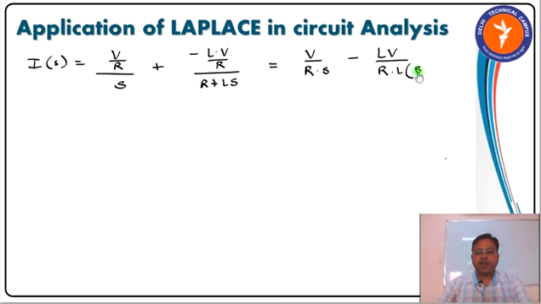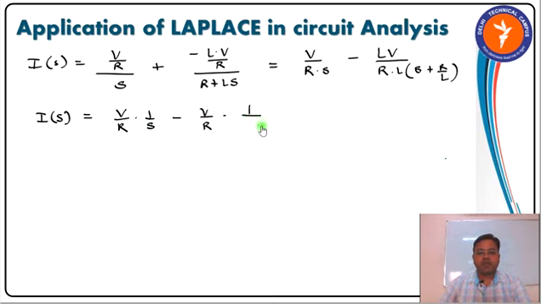I will get S plus R by L. Now this L and this L will get cancelled out, and I can write I of S to be equal to V by R into 1 by S minus V by R into 1 divided by S plus A, where A is equal to R by L.